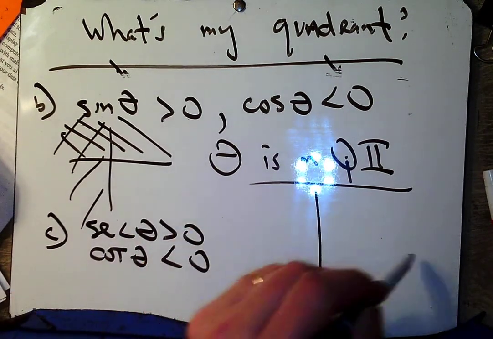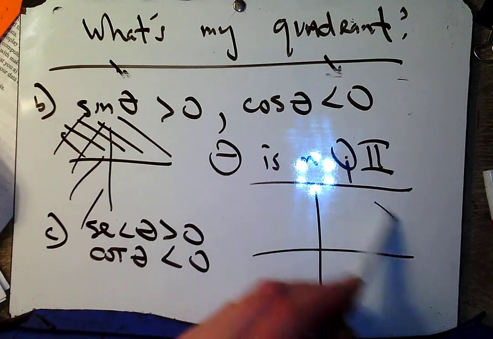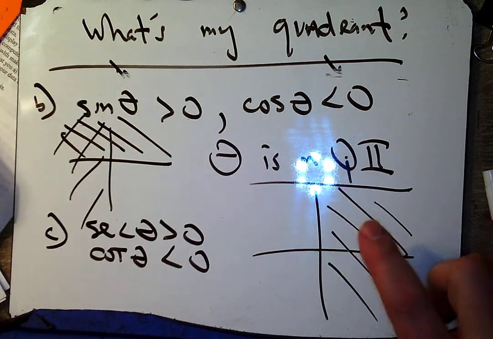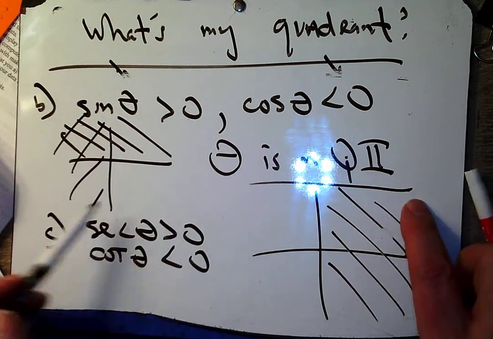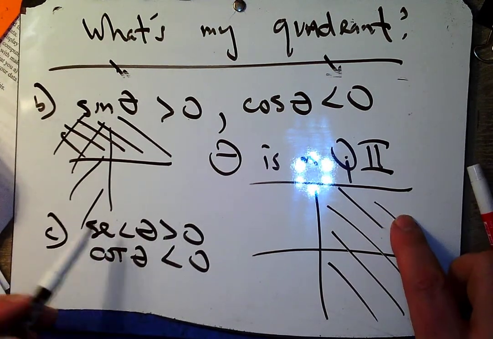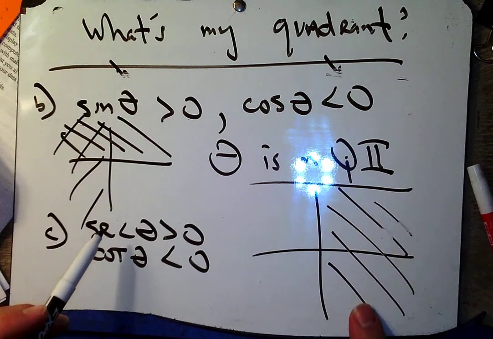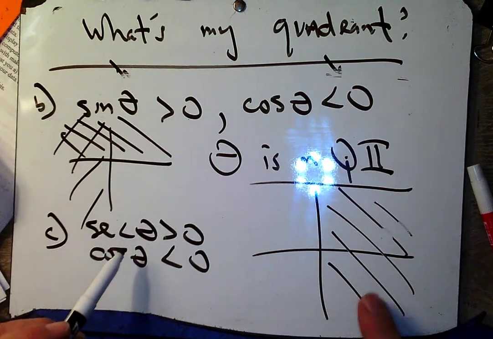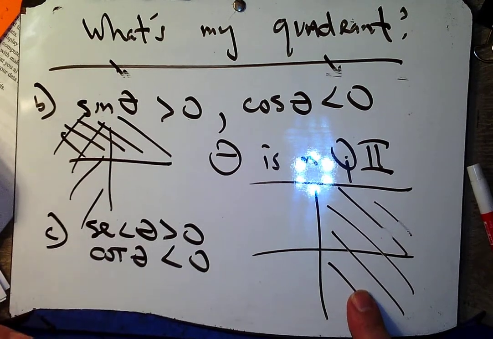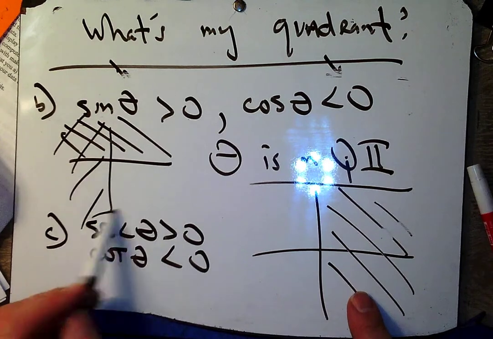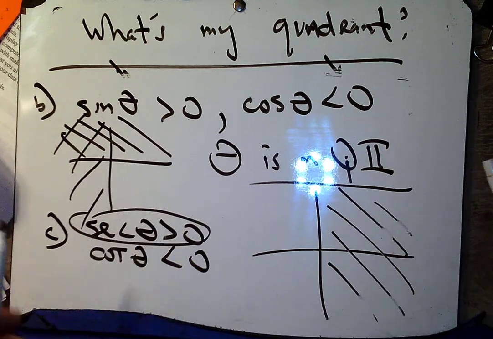Well, that's the same as cosine being positive. Cosine is positive here. So 1 over a positive number, yeah, still going to be positive. And cosine is positive here. Those x values are positive. And 1 divided by that positive cosine value is still going to be positive. So secant is positive in 1 and 4.